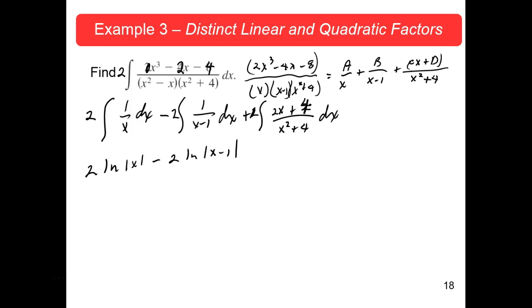Because I'll write this down this way at first. The integral of 2x over x squared plus 4 dx plus the integral of 4 over x squared plus 4 dx. Okay.